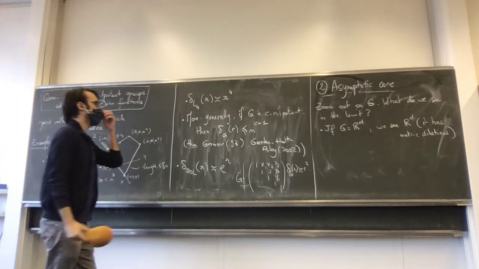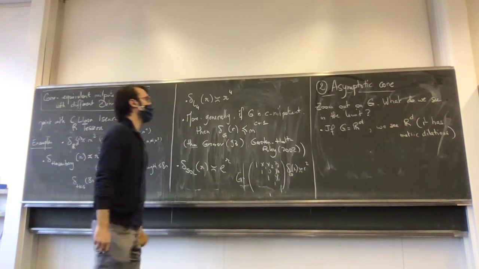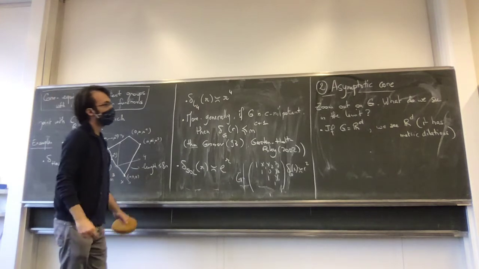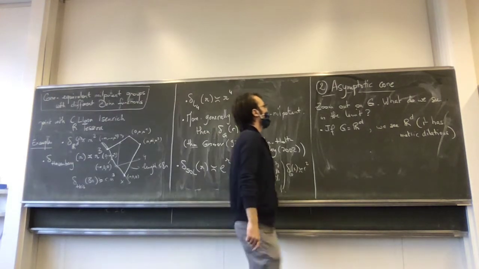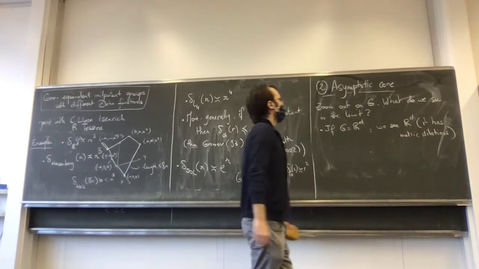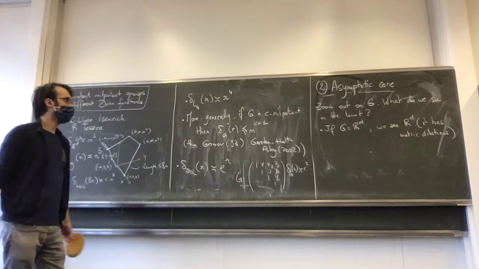The notion of limit here is a bit subtle. I will not enter full details, but for the groups with polynomial growth, there is a notion of limit which is more reasonable than in general, which is the pointed Gromov-Hausdorff convergence.